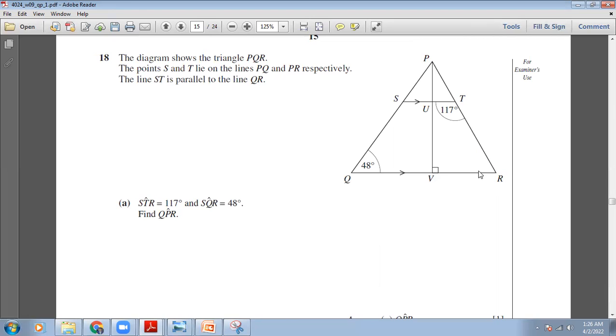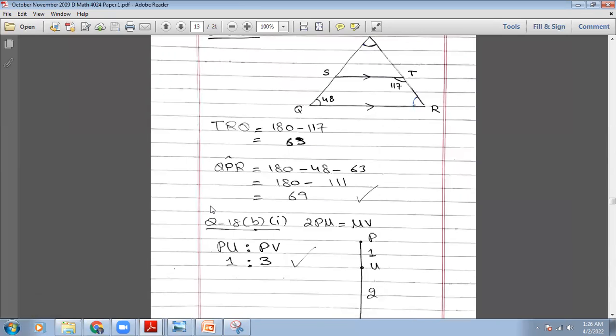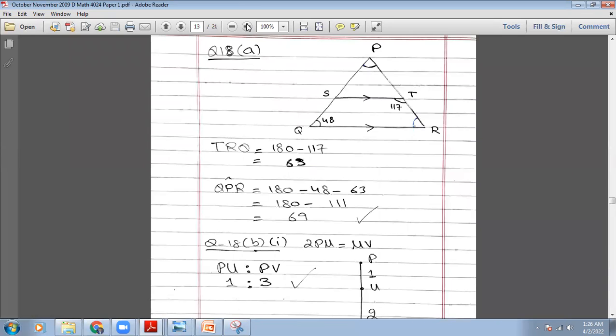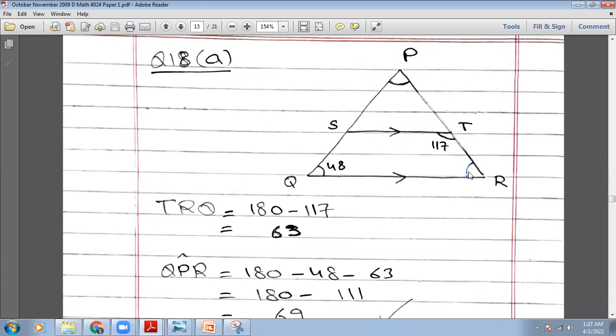So this angle here and this 117, they are allied to each other. So I can find that angle. So the angle TRQ will be 180 minus 117, that will be 63. The reason is they are allied angles to each other. So if you know this angle, I can easily find this angle.